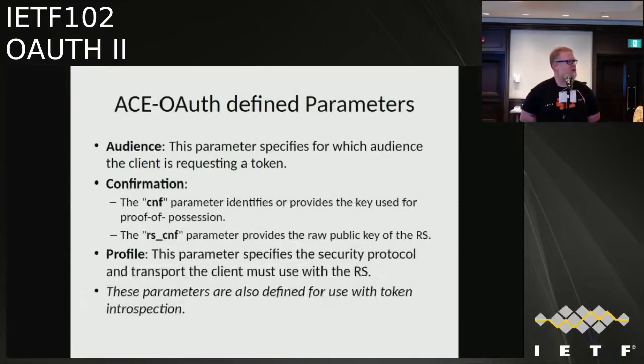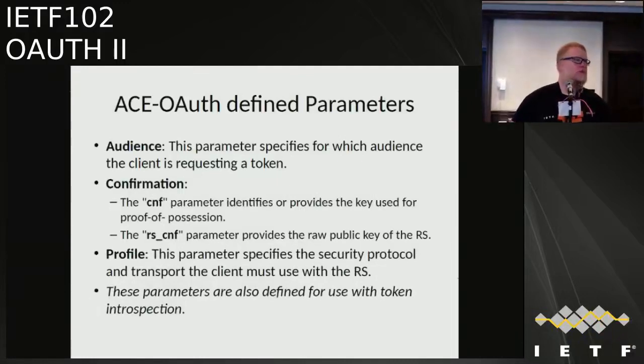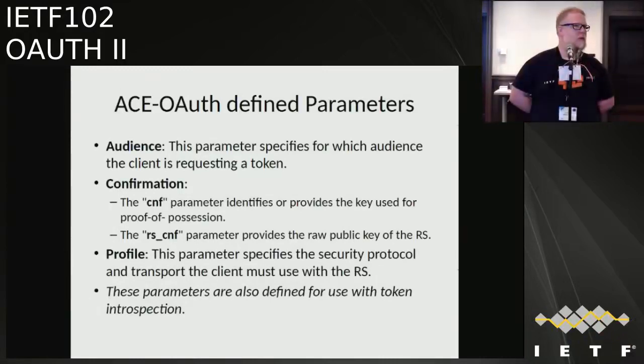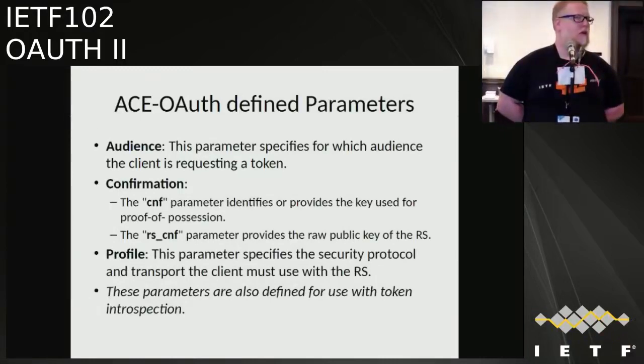Different. Well, I was after something different. Do you see that if we change the name of the parameter to resource in the ACE OAuth specification, it would be applicable to both CoAP and HTTP? Would you consider that as a problem?